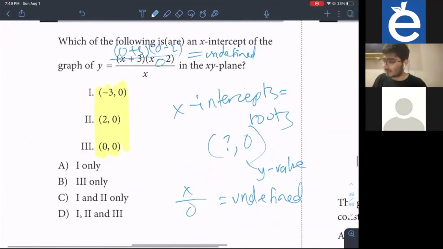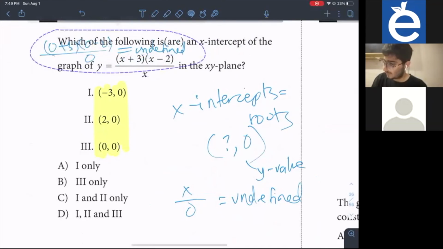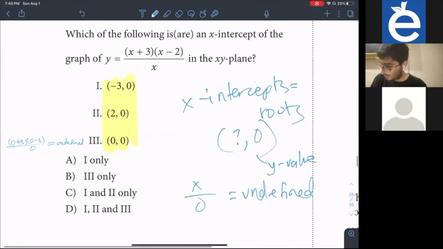So that cannot be a possible answer. So let me remove this right here. Good. So we know 3 can't be our answer, so D is out and B is out. Now it's either A or C, where it's either 1, or 1 and 2.